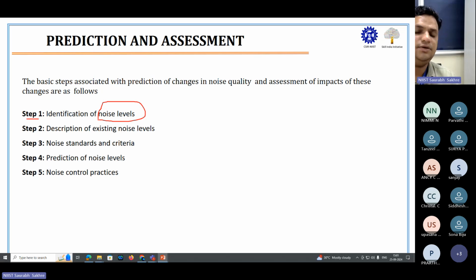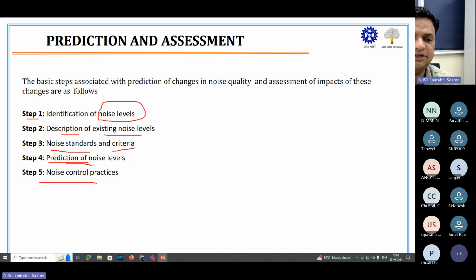In most cases, first we always generate the baseline data. Then in step two, we will describe the existing noise levels. What is the existing noise level? Then in step three, we will see what noise standards and criteria we need to follow. Step four will be prediction of noise levels. And step five, we have to give the noise control practices.